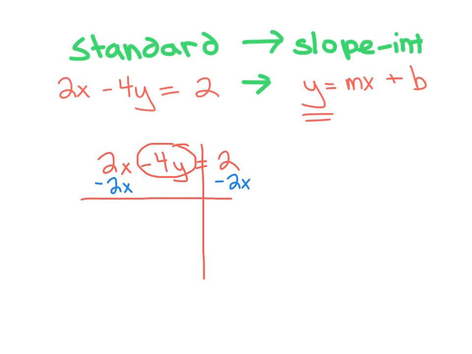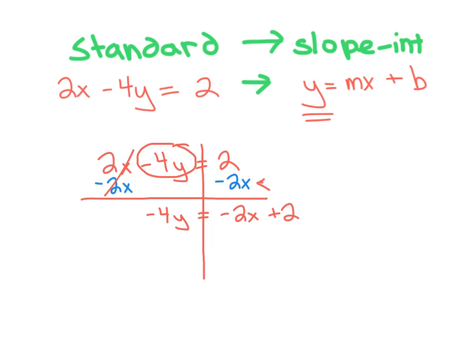The reason I subtract 2x is because I start with a positive 2x, and the opposite of a positive is a negative. 2x minus itself is 0. So I'm left with negative 4 times y equals the negative 2x plus 2.